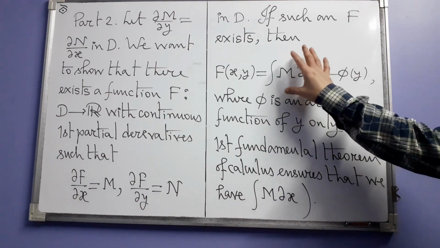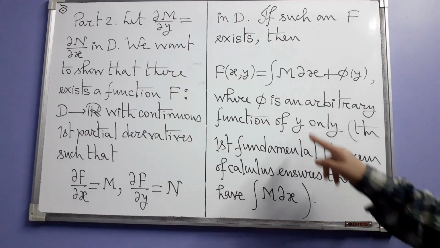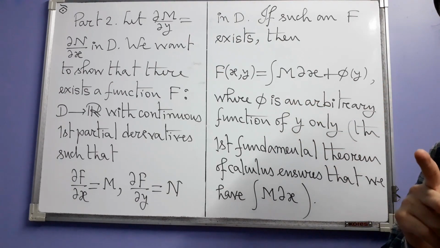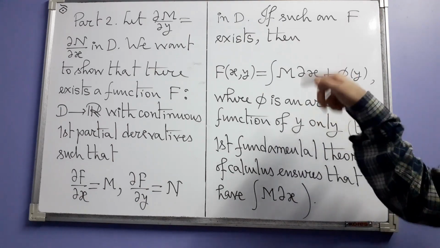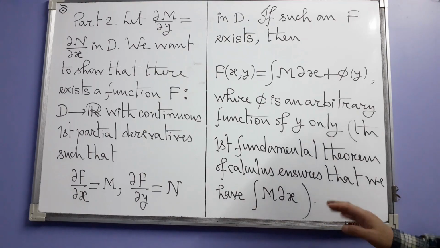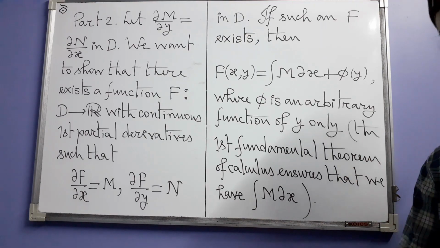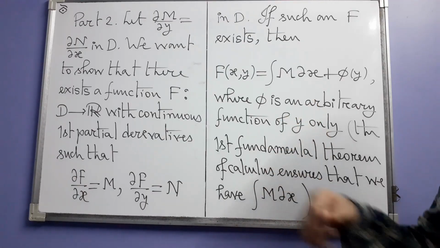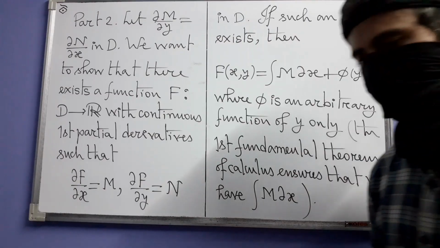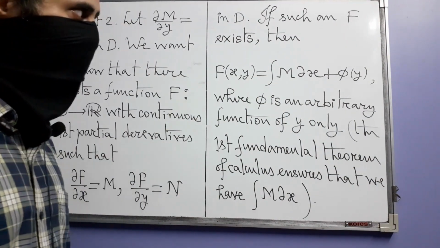In fact, we don't really need the entire continuity of M here, but we only need M to be continuous as a function of x, because that's the variable with respect to which everything is going on here. Yes, that is also true. And if you really want to see what is going on geometrically, because we are talking about these things in a rectangular domain, then this is the explanation. Okay, let me draw a small figure.